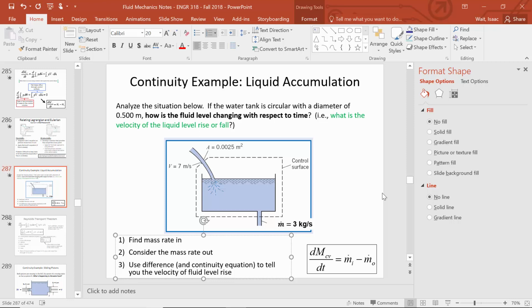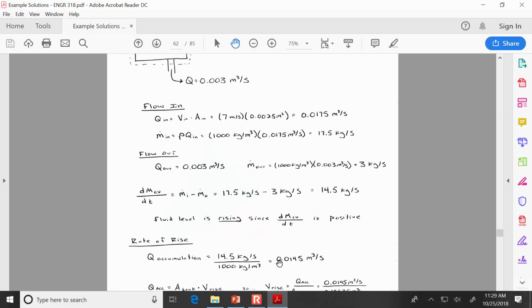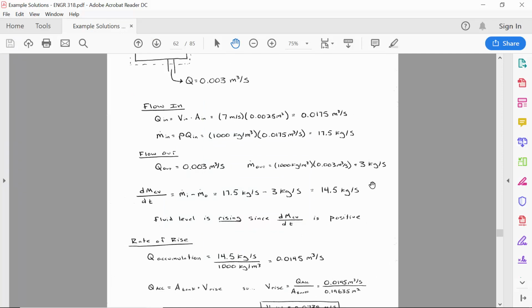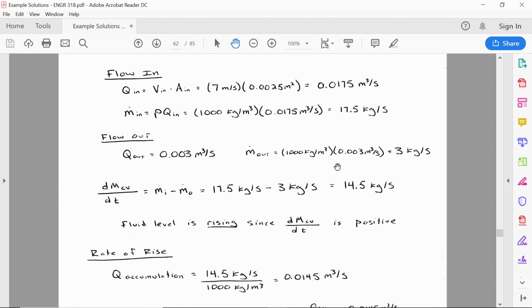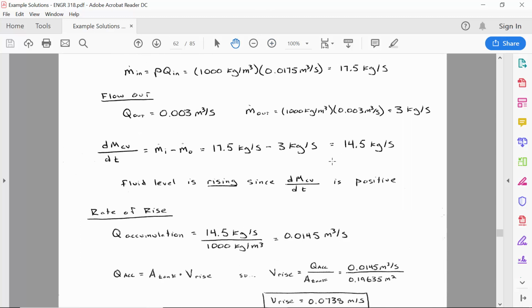So the liquid level is increasing, and the speed of its increase is going to be 0.0738 meters per second if we consider the cross-sectional area of that tank.